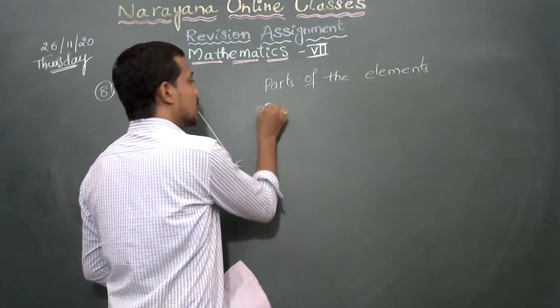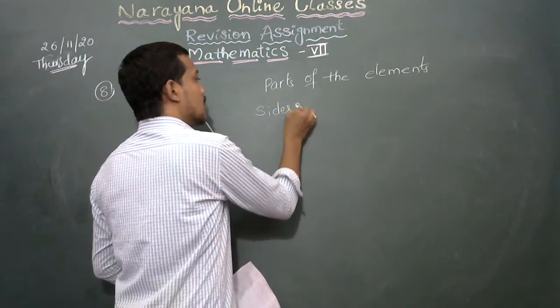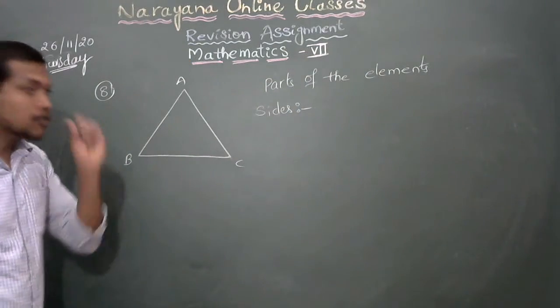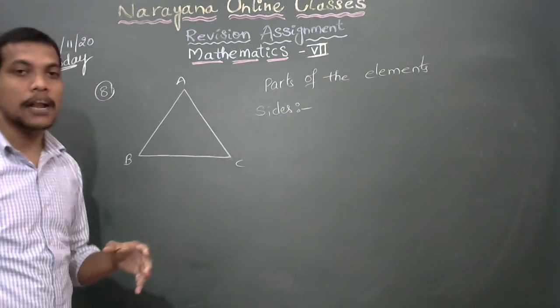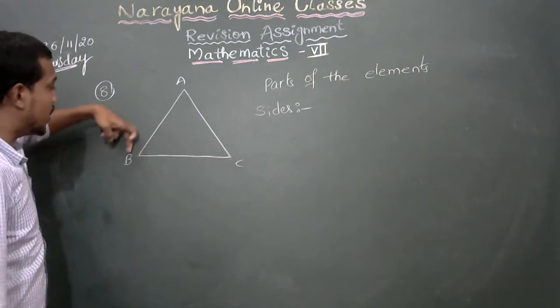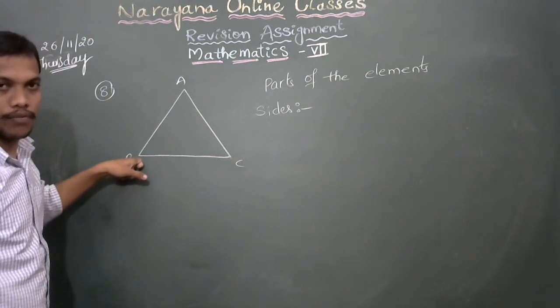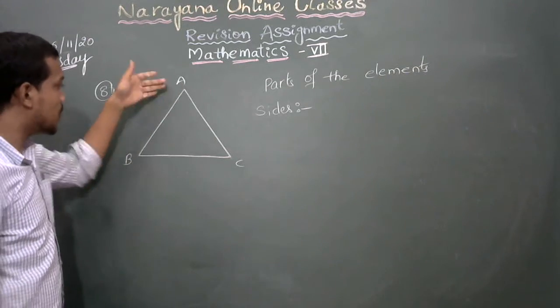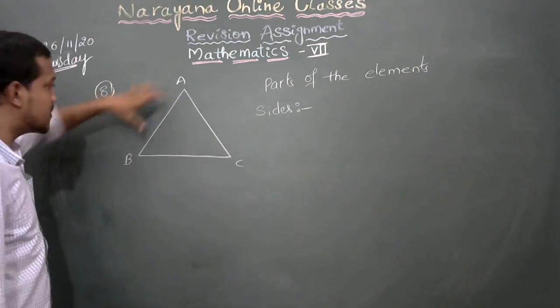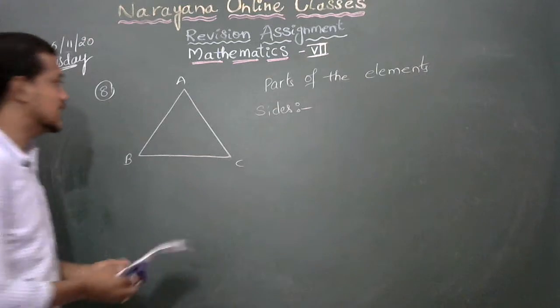First of all, sides. Sides means how the side is formed in a triangle: if two vertices, this is a vertex, this is a vertex, when we join the two vertices, that line is called a side.